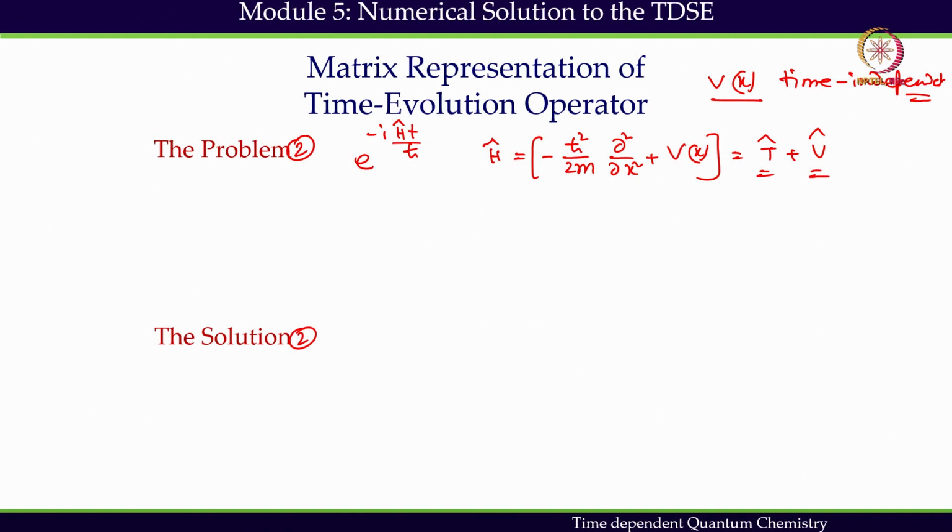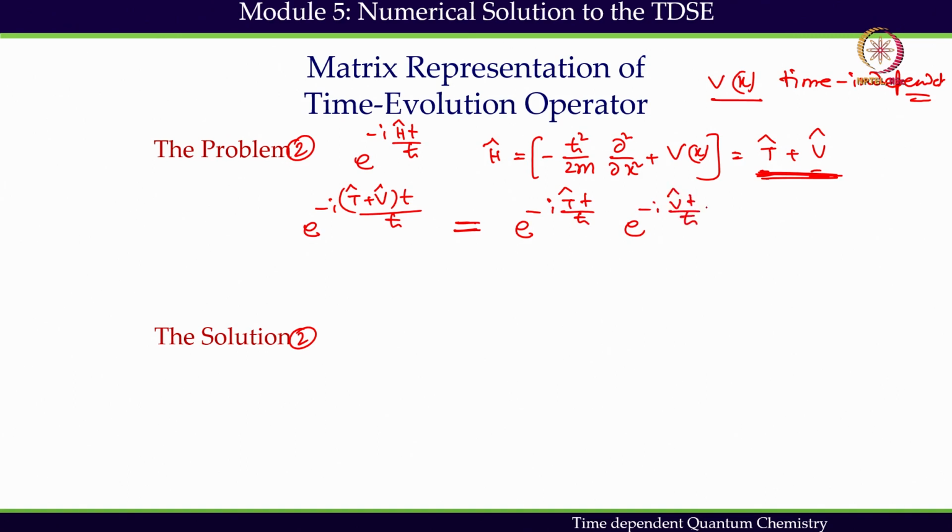Because this is a summation of these two operators, one can write down e to the power minus i (T plus V) t by h cut, which we may want to write like this way: e to the power minus i T t by h cut times e to the power minus i V t by h cut.